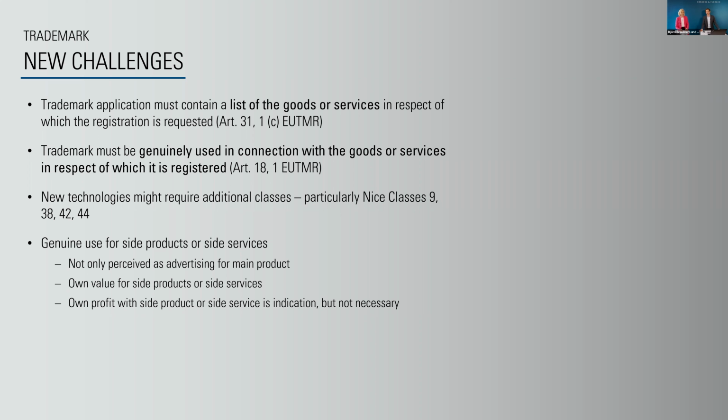Or is it a side product with its own value? In this regard, it's not relevant whether you generate profit from it. But this is always in between. If you only use it as a marketing tool, a giveaway, then you do not use the trademark for it. But I think digital products or services will mainly be used in the future for generating profit, and so this may then be the main product.